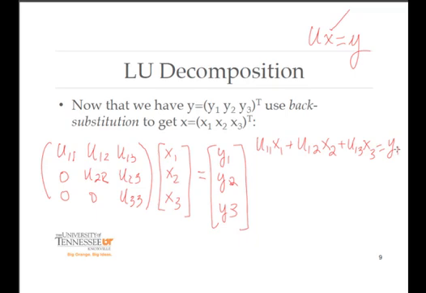Again, this is the inner product, so you take each component of this row with this vector, multiply each of the corresponding components in order, and then add them. Go to the second row. Now that 0 is going to multiply times x1 and get 0, so we won't have anything in that position that involves x1. So all you're going to have here is u22 times x2 plus u23 times x3, and you'll set that equal to y2.